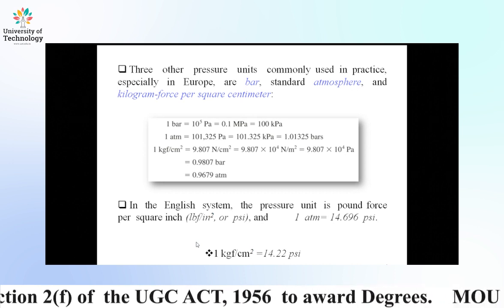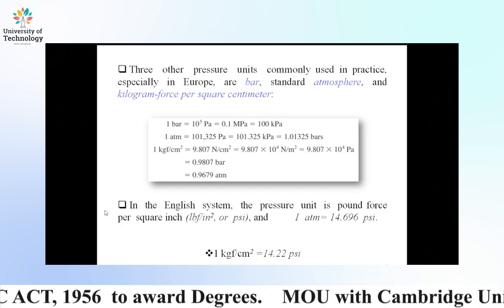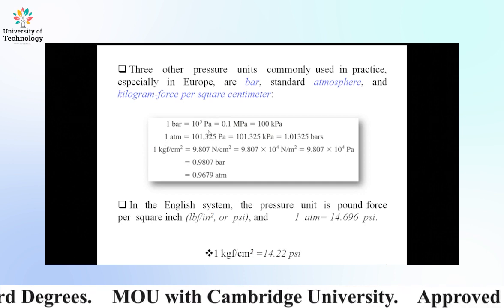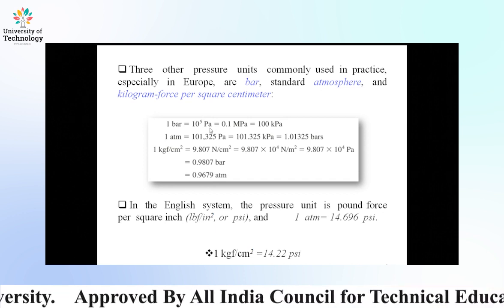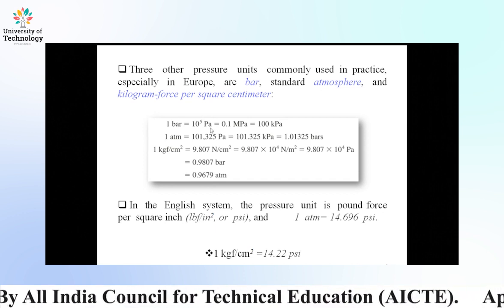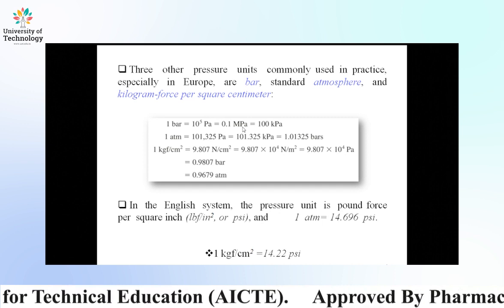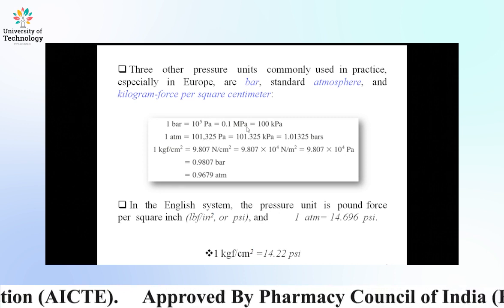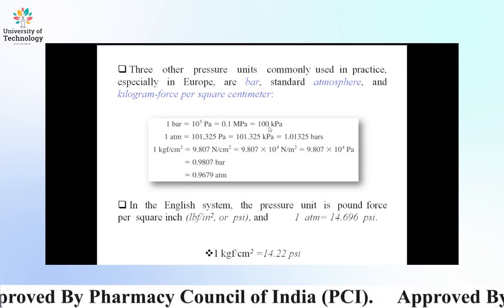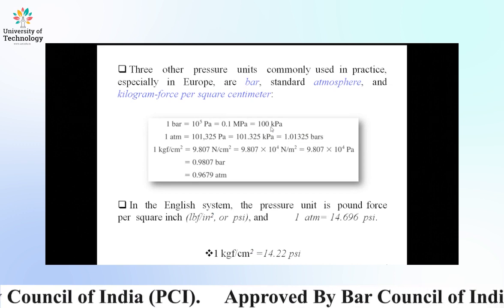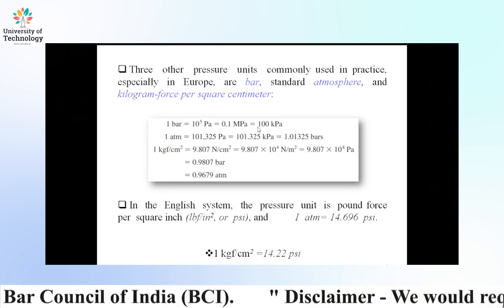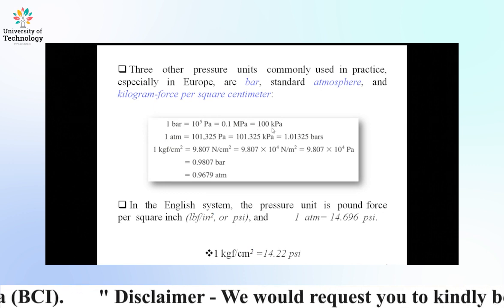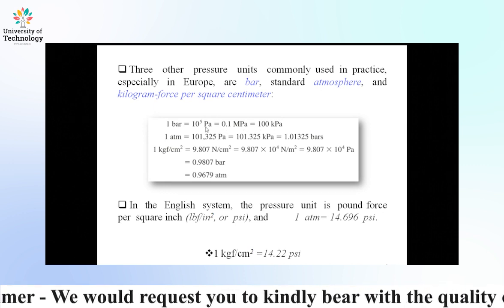So 1 bar is equal to 10 to the power 5 Pascal, which, if we divide 10 to the power 5 by 10 to the power 6, is equal to 0.1 megapascal. It is also 10 to the power 5 Pascal, or equal to 100 kilopascal. 10 to the power 5 divided by 1000, so equal to 100 kilopascal.